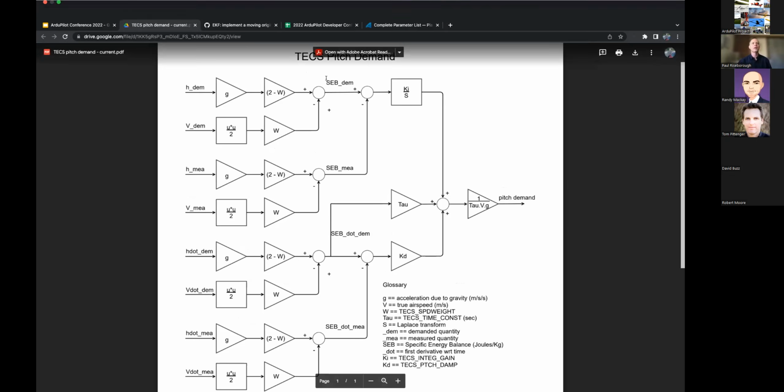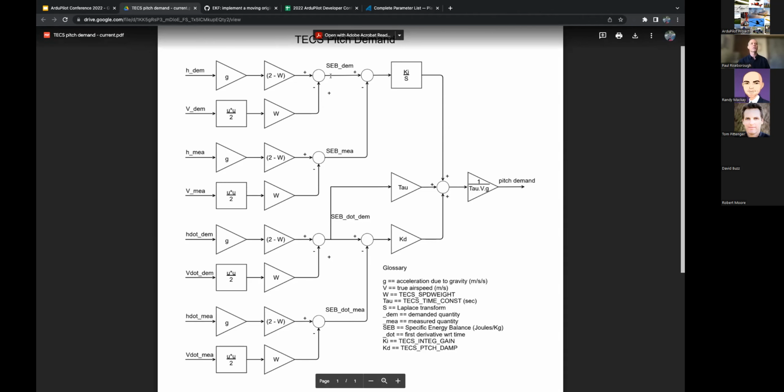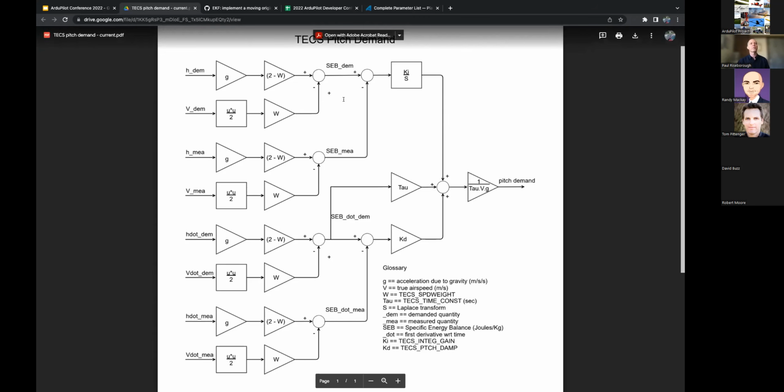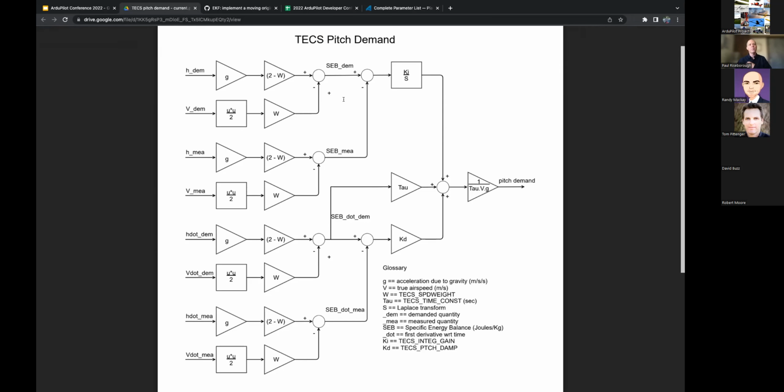We have what we call an energy balance, which is the balance between our potential energy, which is our demanded height. That's our demanded potential energy. Then we have our demanded kinetic energy, which is our velocity squared divided by 2, because this is the kinetic energy formula, but it's divided by mass. So you won't see mass in these equations because everything's been divided through by mass.